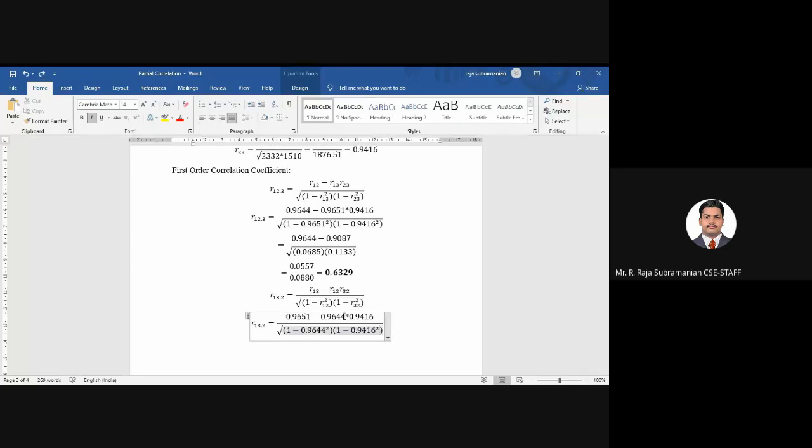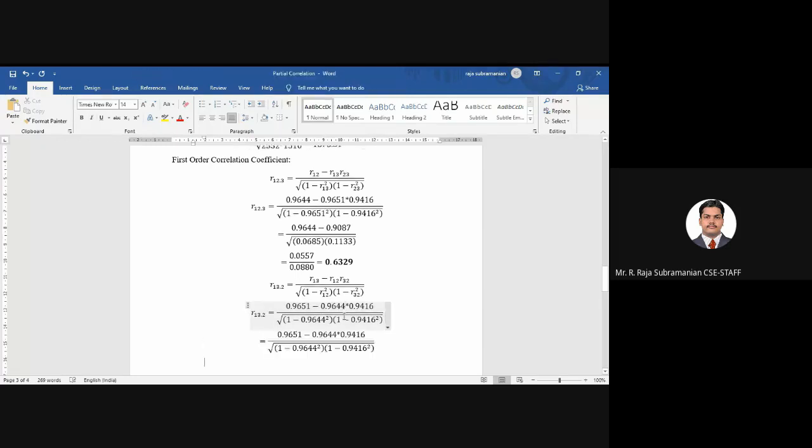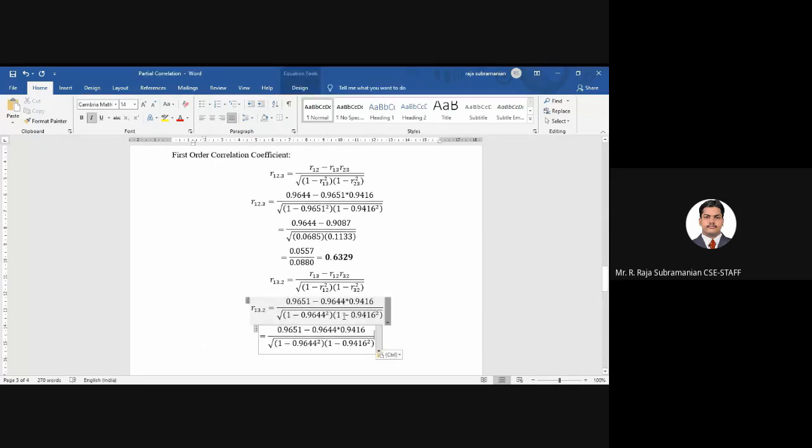It's no calculation part. What is 1 minus 0.9644 square? 0.0699. And 1 minus 0.9416 square?